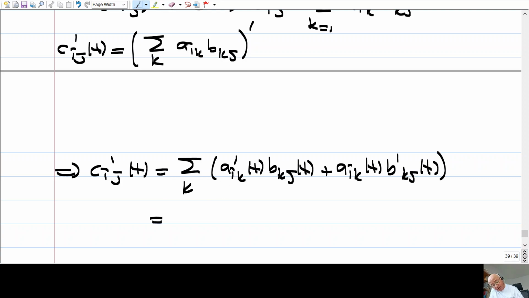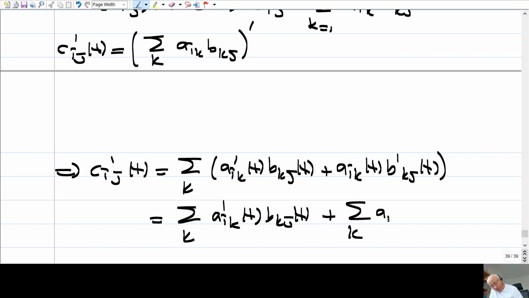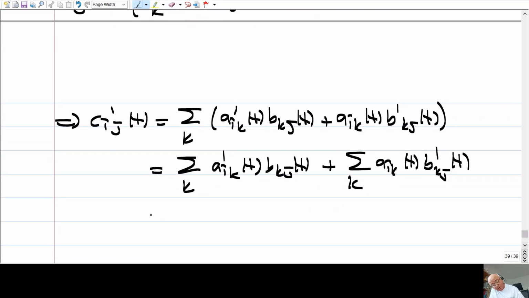And this is just the sum over k of A_ik(t) B_kj(t), sorry, A_ik prime(t) B_kj(t), plus another product, A_ik(t) B_kj prime(t). What is this?